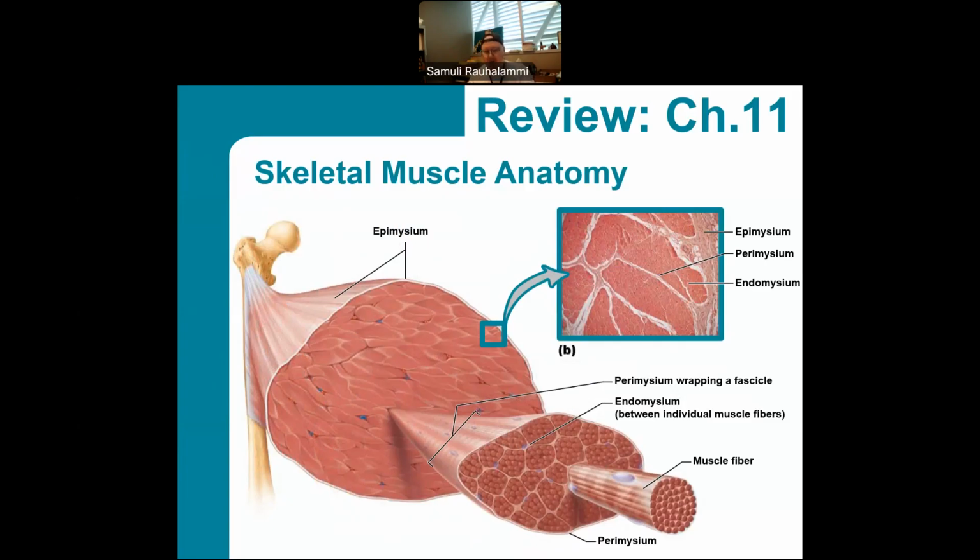We're seeing endomysium surrounding the individual muscle fiber, perimysium surrounding a group of muscle fibers known as a fascicle, and then epimysium, being the most external, surrounding the entire muscle in this example. So a lot of those connective tissue adaptations ensure the structure of the muscle as well.